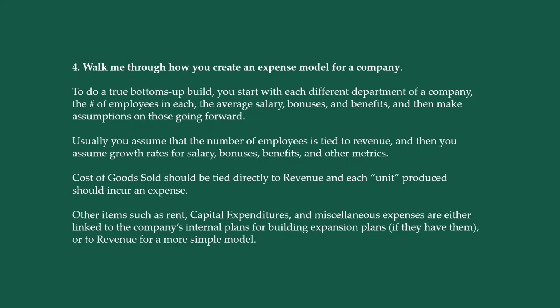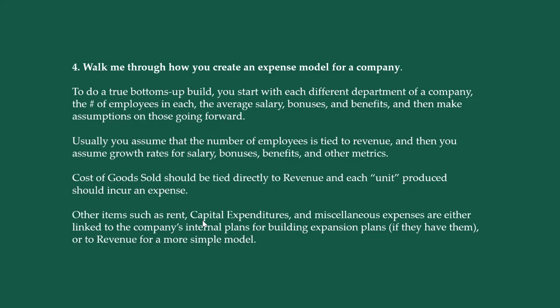To earn 100 rupees, you actually have to spend 40 rupees, or $40, so that's why revenue is tied to cost of goods sold. How much percentage of revenue the cost of goods sold is, is an important metric.